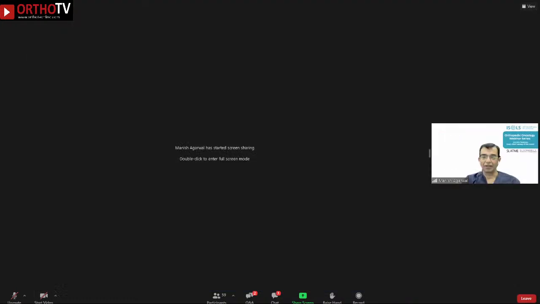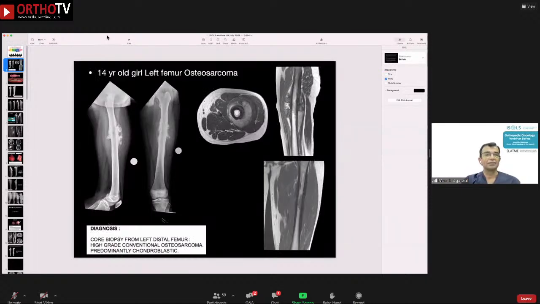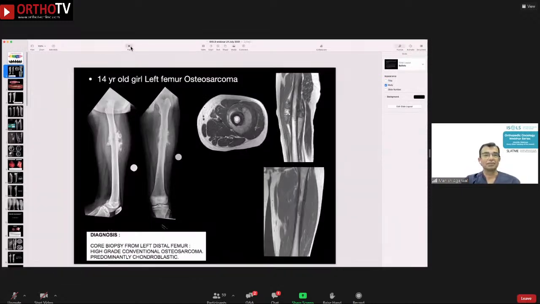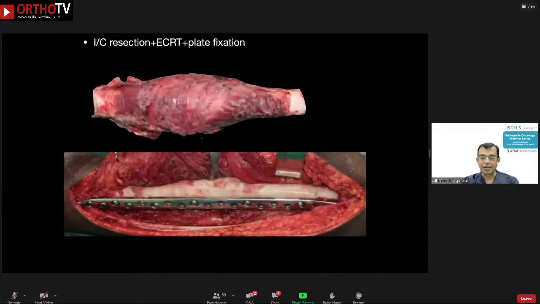I'm going to now show a case. Okay, this is a 14-year-old girl who had an osteosarcoma. It was in the diaphysis. We did an intercalary resection after preoperative chemo. She was a very good responder to chemo.